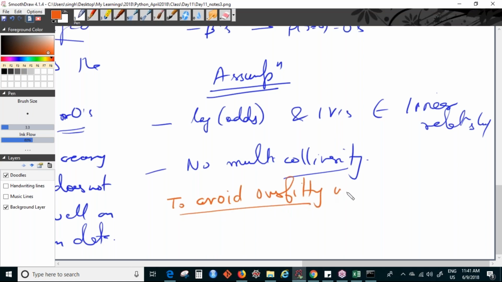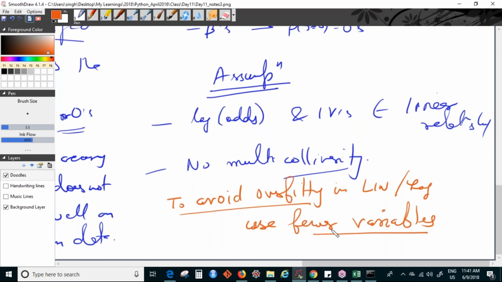To avoid overfitting in linear and in logistic, we use fewer variables, or we use only significant variables. We drop all the insignificant variables. This way we can avoid overfitting.